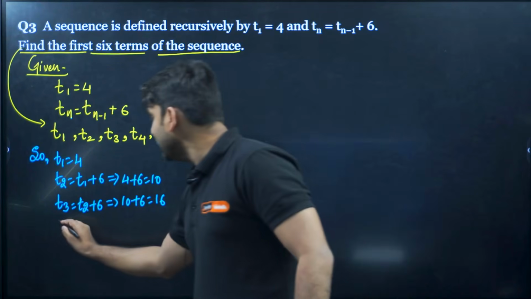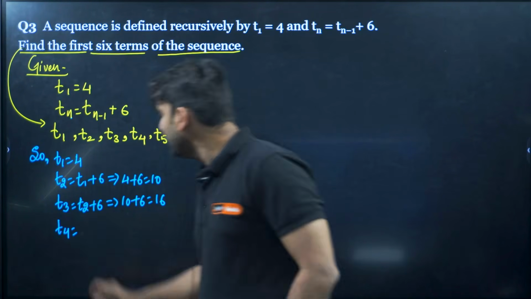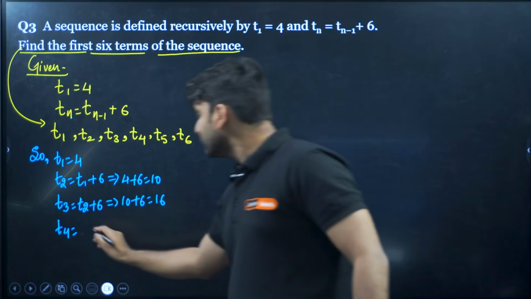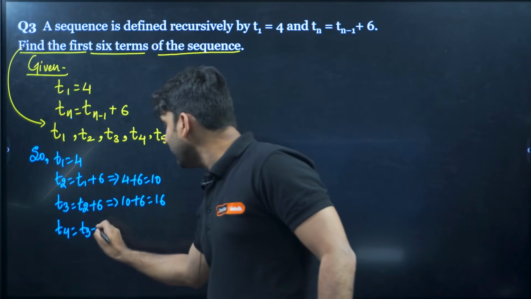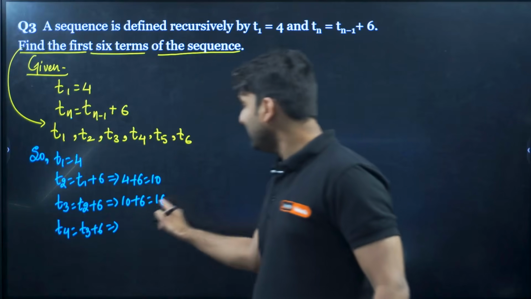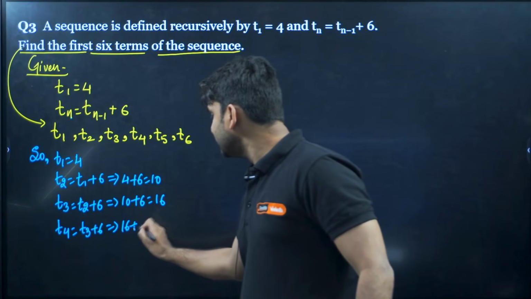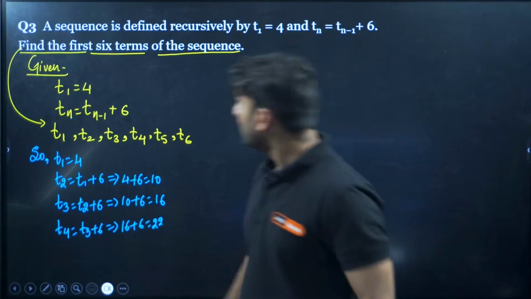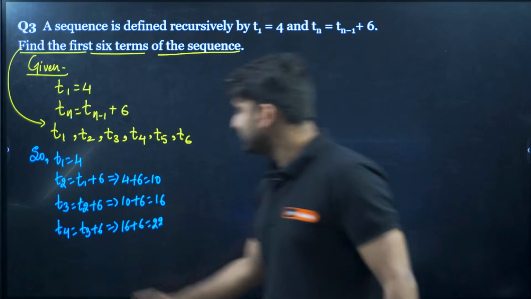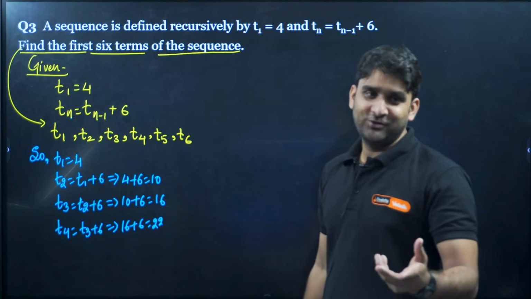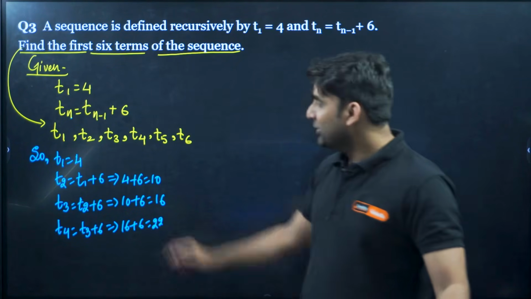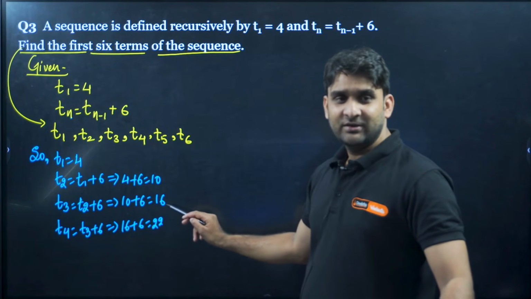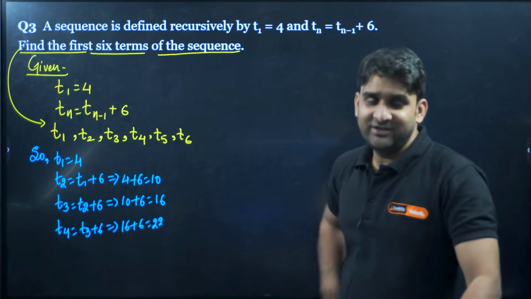For example, next, T4. What will be T4, guys? If you put 4 here, 4 minus 1 will be T3. So T4 is equal to T3 plus 6, and T3 we have 16, so 16 plus 6 will be 22. How many terms did we require? First 6 terms. Now if you are a topper, you don't need to write the formula again and again, because look at the sequence: 4, 10, 16, 22.